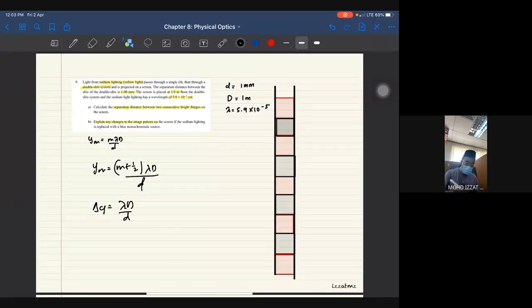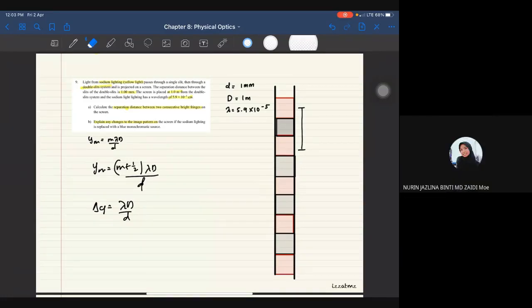So contohnya dekat sini, maybe saya label. Ini yang dia nak cari kan? Jarak ni. So itu formula apa? Kalau belah kiri ni, dia bright ke dark? Konstruktif ke destruktif? Constructive. Konstruktif.